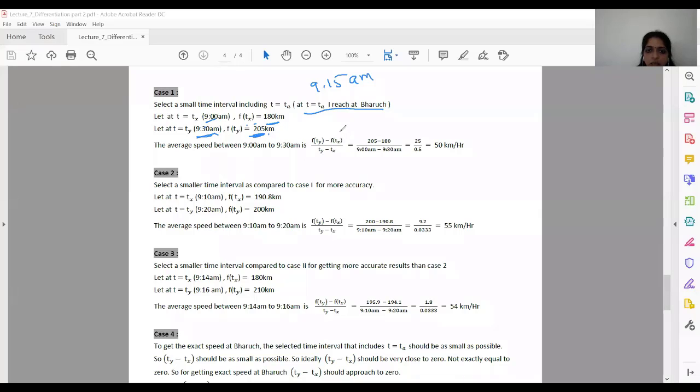This is the formula to find the average speed: f of ty minus f of tx, over ty minus tx.